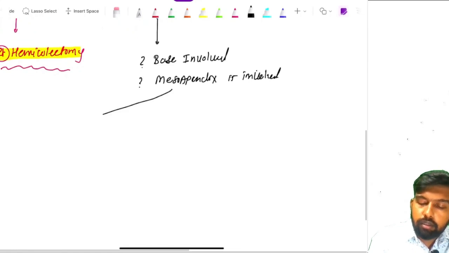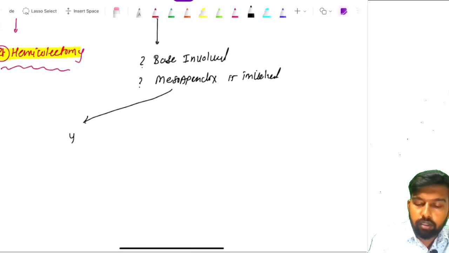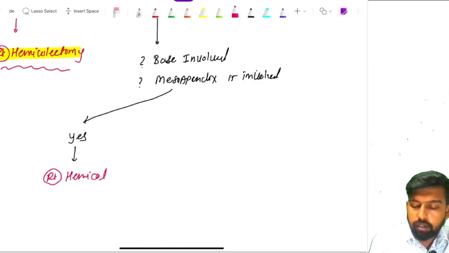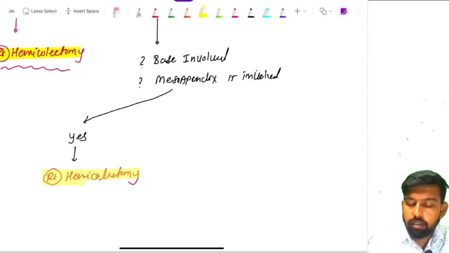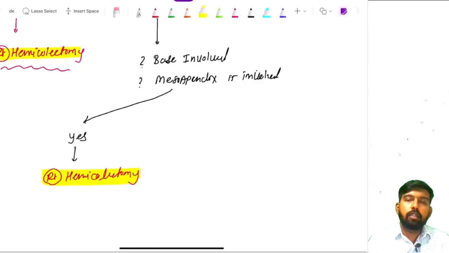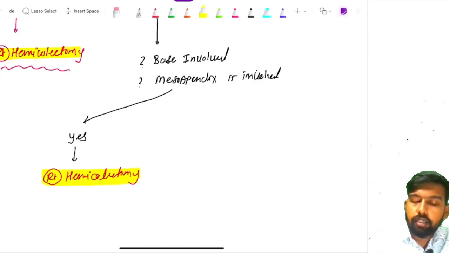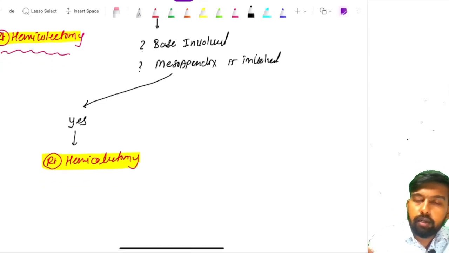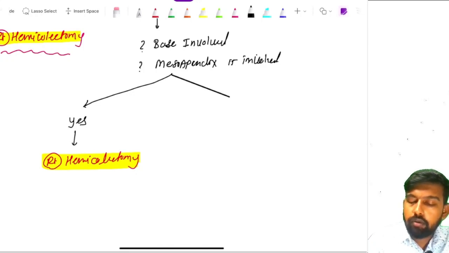If the answer to this question is yes, then again we should go for a right hemicolectomy. If the base of the appendix is involved or the tumor is infiltrating into the mesoappendix, then we should proceed with the right hemicolectomy.